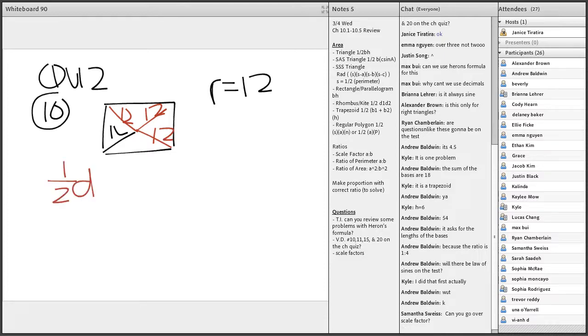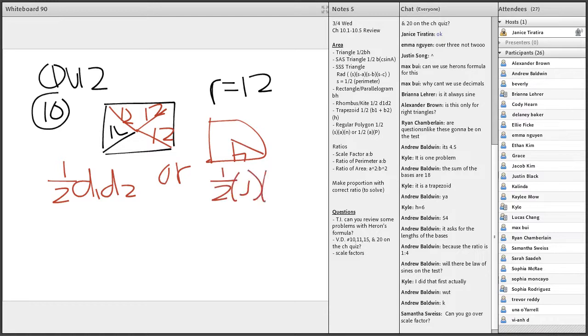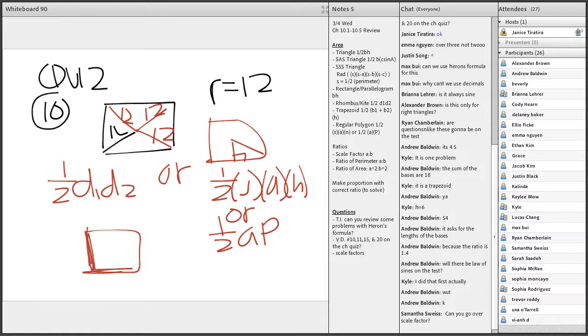You could do 1/2 d1 times d2, or you can cut it up into the apothem and do 1/2 side times apothem times number of sides, or 1/2 ap. Or if you find the outsides, you could do base times height. Since I have all the diagonals, I'm going to do scenario 1.